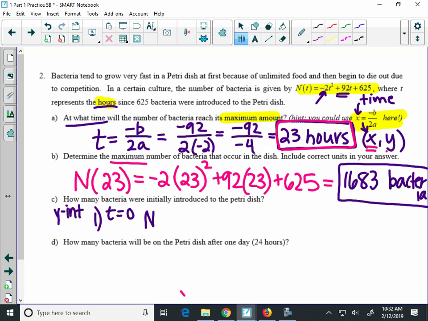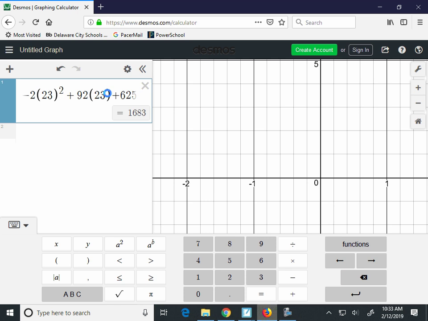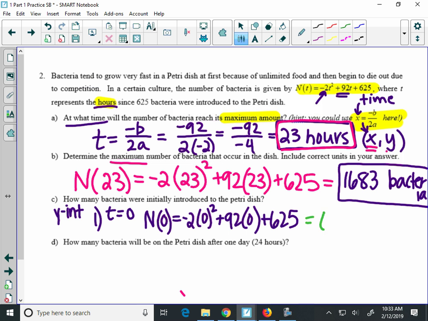So you would take your equation, number of bacteria at 0 hours is -2 times 0 squared plus 92 times 0 plus 625. So if I go back to Desmos, let me just change these values to be 0, and you get an answer of 625.